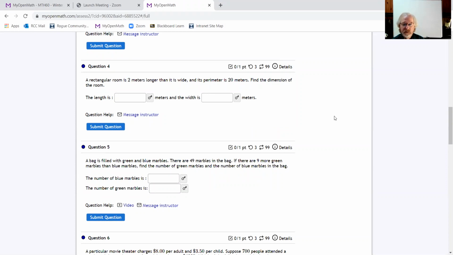In my problem, the total says 20. But then the length equals is your second equation, right? The length equals the width, and mine says 2 meters longer. So I'd say width plus 2 would be my second equation. Again, the perimeter problems tend to work very well for the substitution method. Plug that expression in for L.